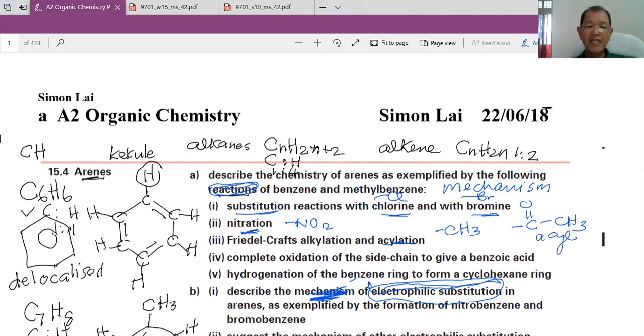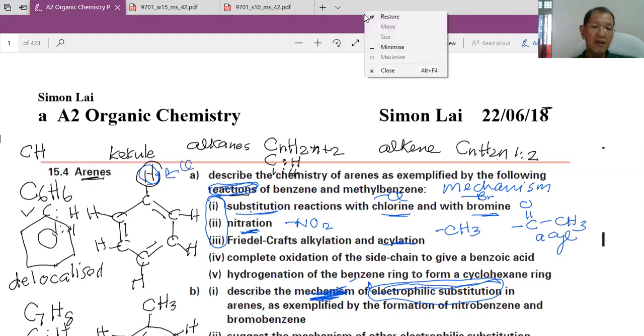These three are substitution reactions. Something goes in, something comes out. I want to kick out the hydrogen here and put in a bromine here. It's called substitution.